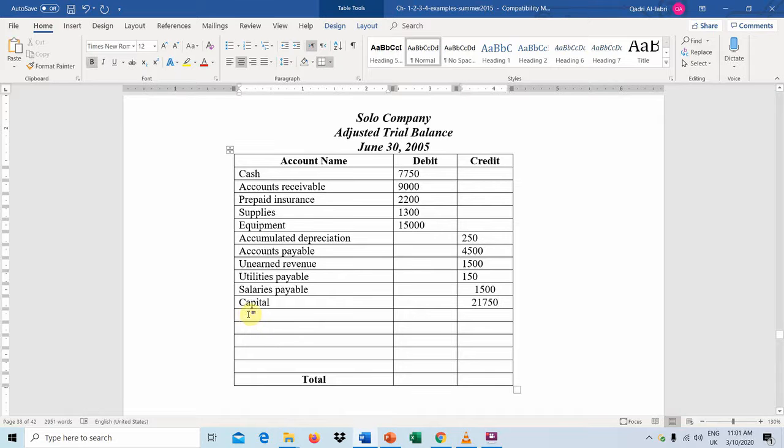We have only one revenue, called service revenue, and it has a balance of 5,500 credit.